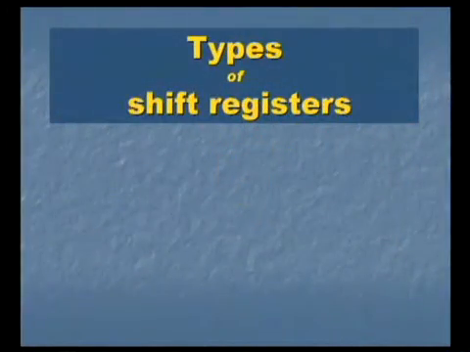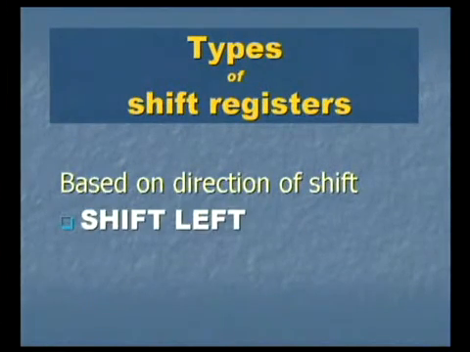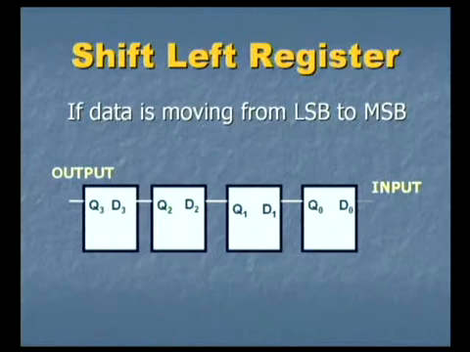At first, we shall see the types of shift registers. Based on the direction of shift, they are either shift left registers or shift right registers. What do you mean by a shift left register? If the input data is moving from LSB towards the MSB, then that will be called a shift left register.